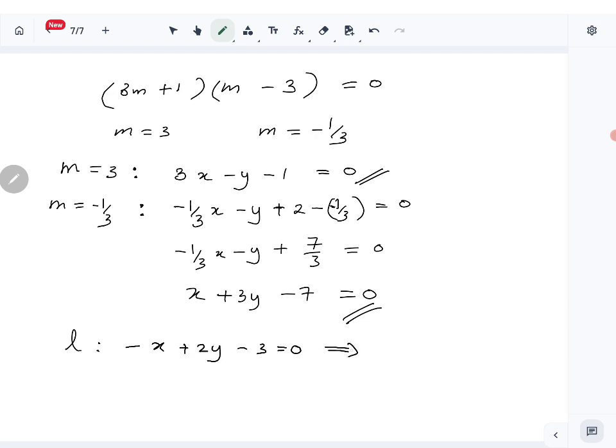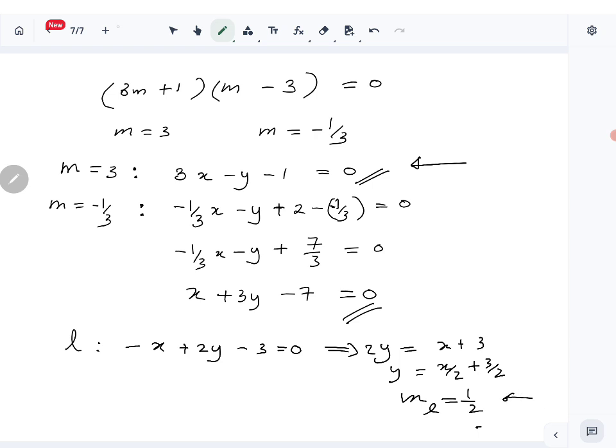So then let's write it in y equals mx plus c form to find the gradient. 2y equals x plus 3, so y equals x/2 plus 3/2. So then the gradient of line L is half, right?